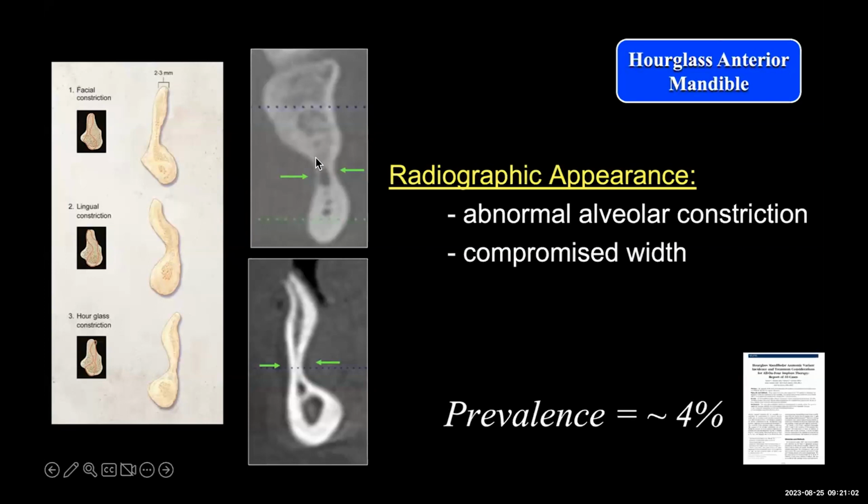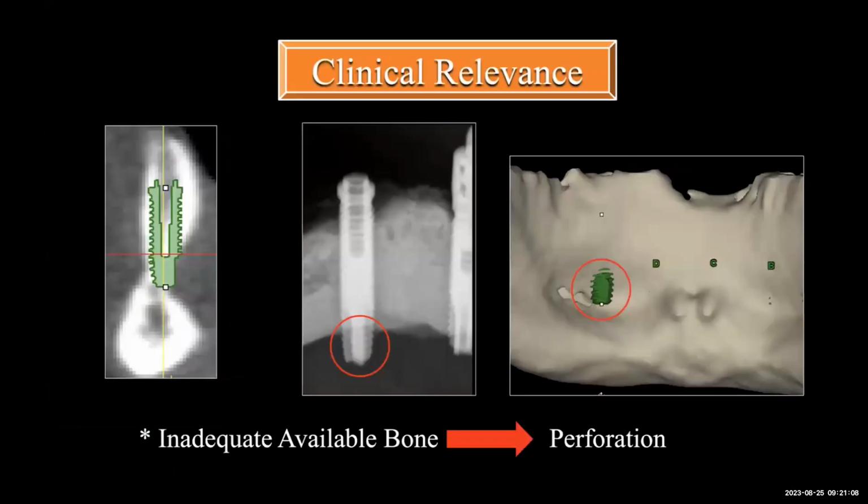However, when we get down here, it's very, very constricted, and that becomes problematic. Why does that become problematic? Because if we try to place an implant there, we're going to perforate, and we never want to perforate. So if you can remember one thing from this lecture today, never perforate the bone. There's nothing good that can happen from it.